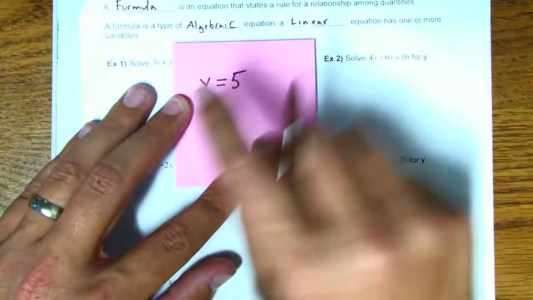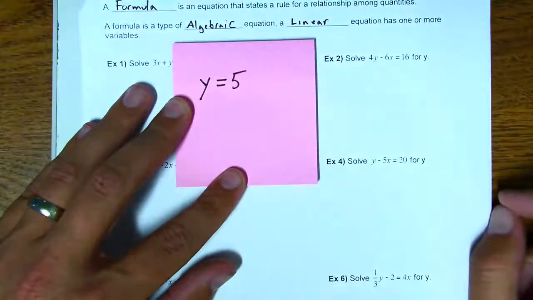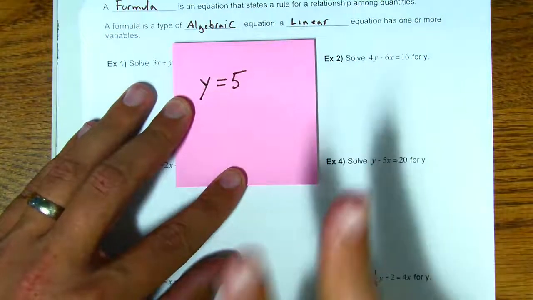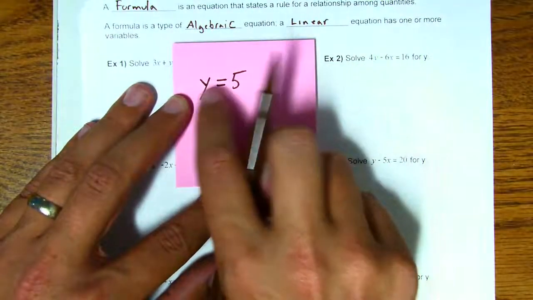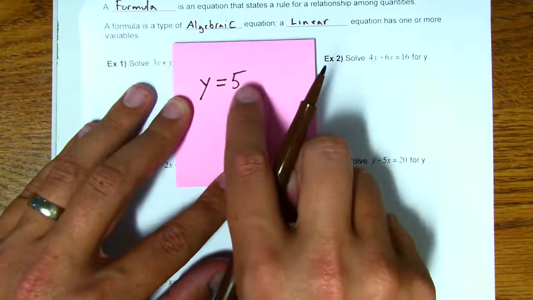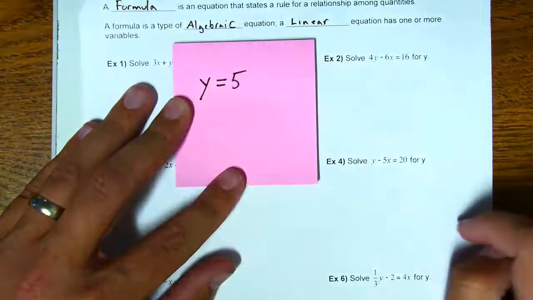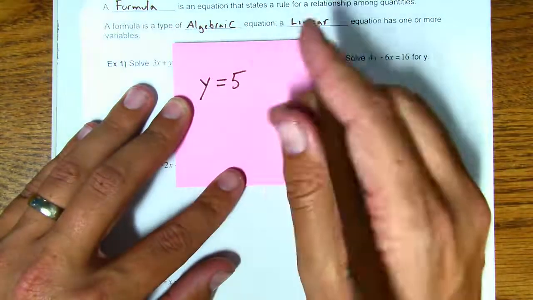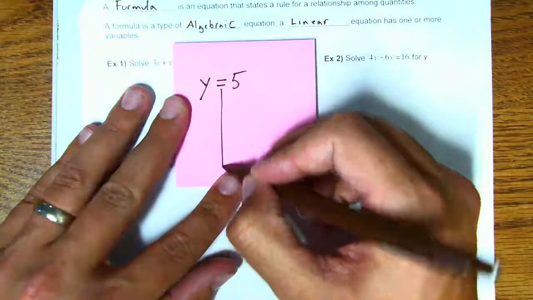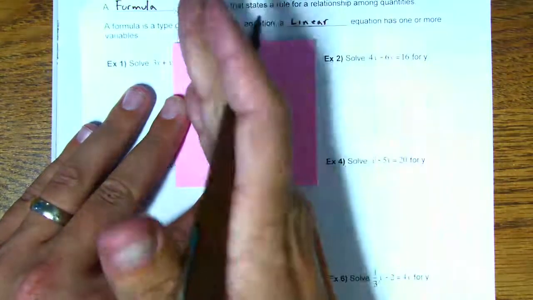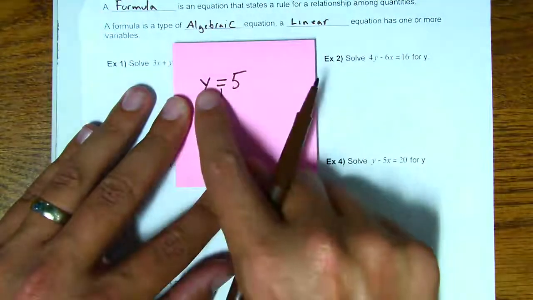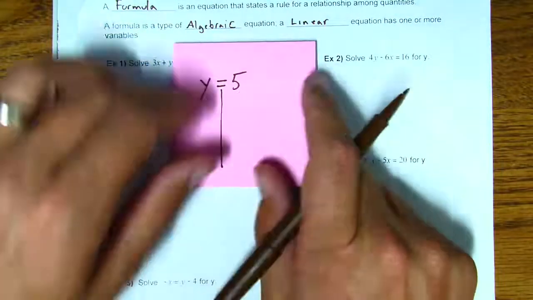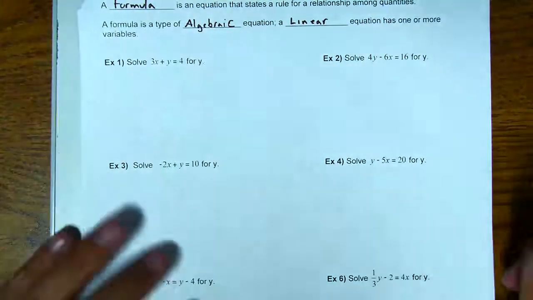But when we have two variables, we're not going to be able to get y equals a number because we also have a second variable. But that's okay. Our goal is still to get y alone. We want to have y equals whatever is left. It may not come out as a number, but we want to get y alone.